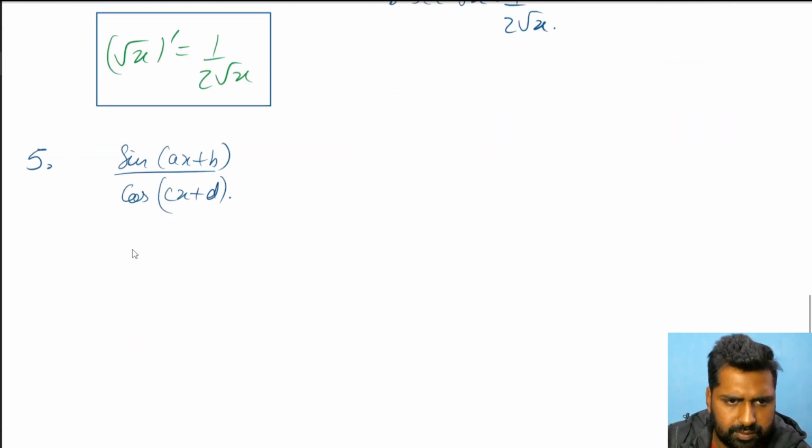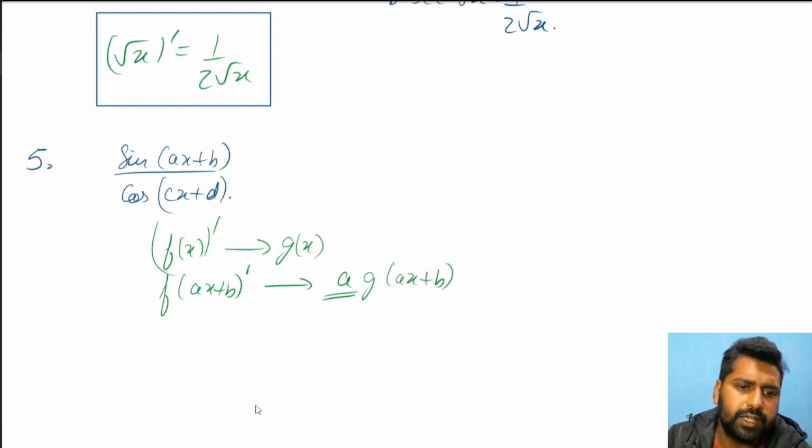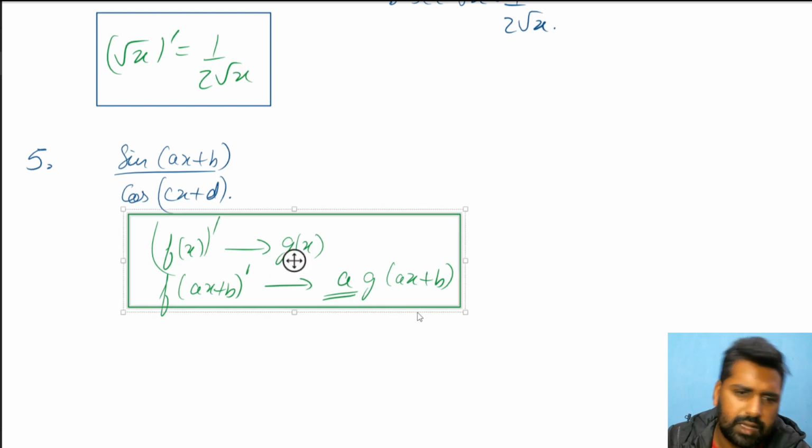Like suppose your differentiation of fx is gx, then differentiation of f of ax plus b is g of ax plus b. It's just that factor of a comes in multiplication. Okay, what does that mean? See, this is the representation in function. I'll give you the conclusion part with the help of examples.